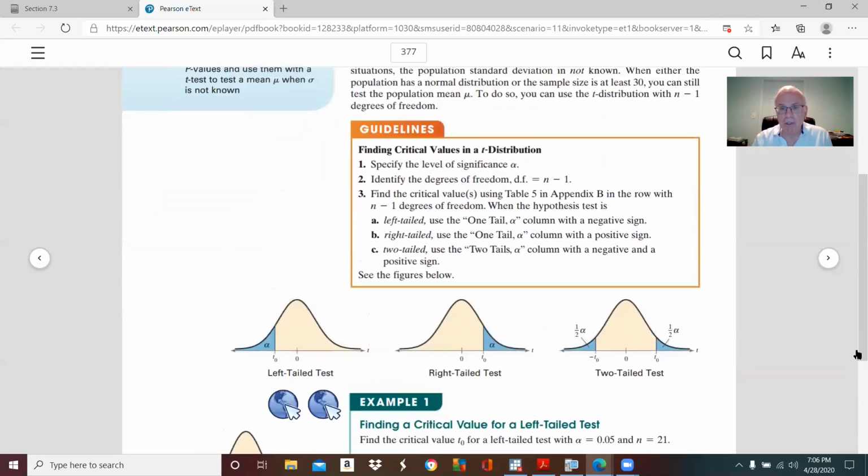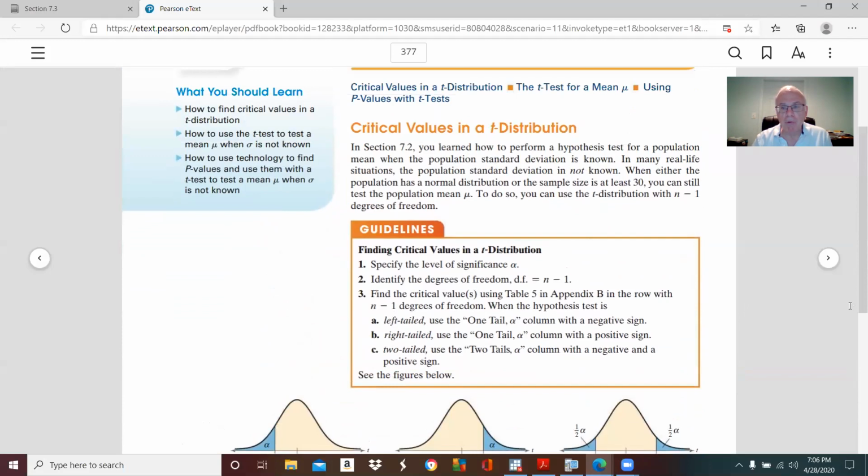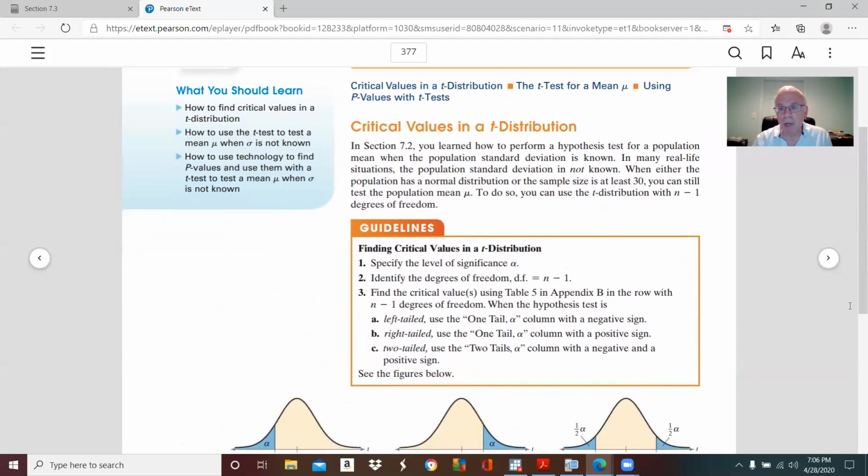In the beginning of this section, they talk about how to find critical values. This is only needed if you are doing homework problems where they ask you to use the rejection region method that I mentioned before, which we're not focusing so much on. You don't really need to find critical values when we calculate p-values.